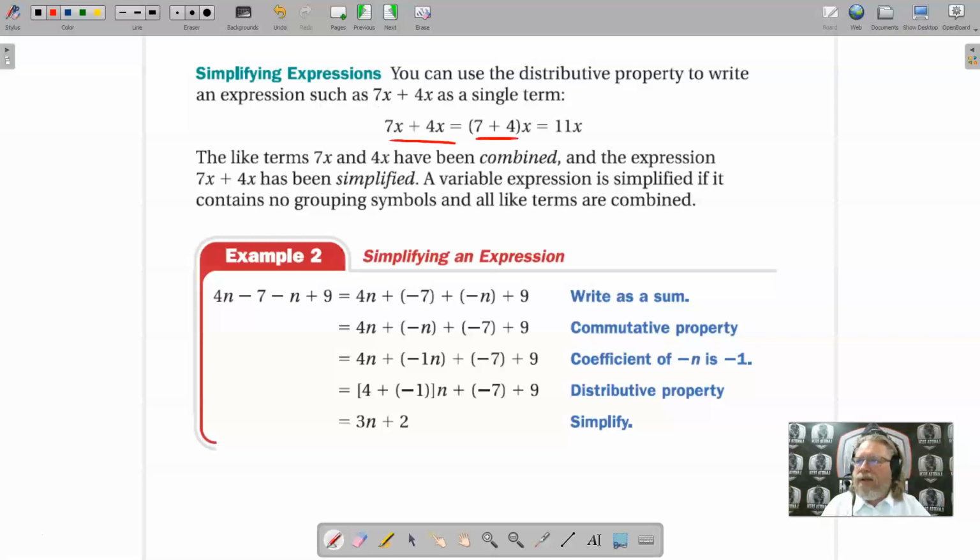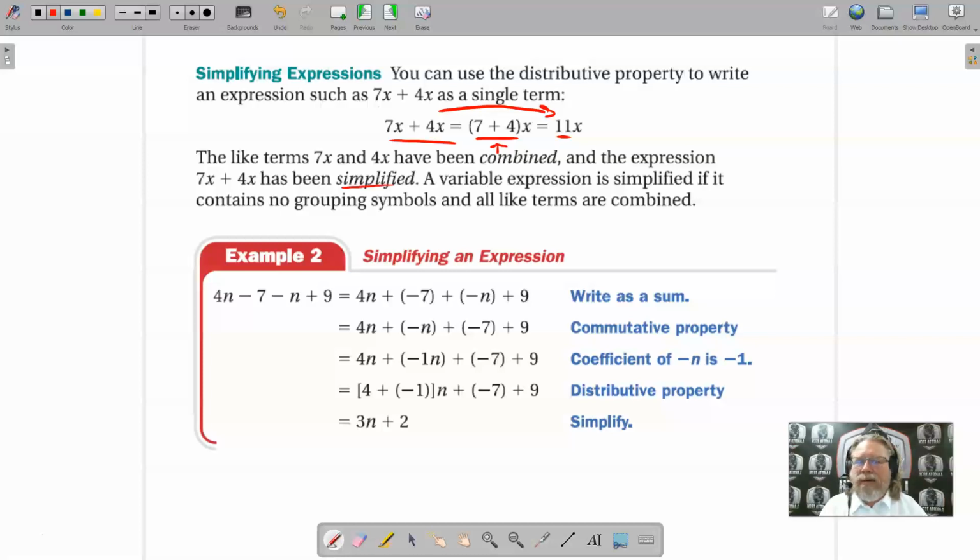Now we can go ahead and do the 7 plus 4. That's 11, and we still have the x, so we bring that x along with it. So 7x plus 4x is equal to 11x, and we did that through the distributive property. The like terms 7x and 4x have been combined, and the expression has been simplified.